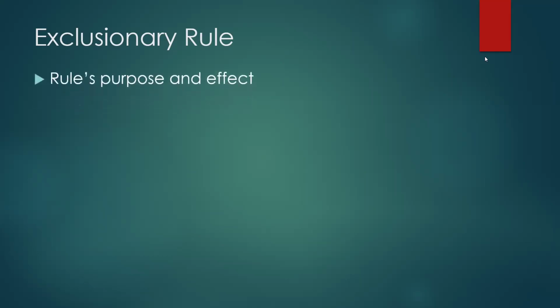The rule is that illegally obtained evidence cannot be used to establish the guilt of the person it was illegally obtained from. So I'll say that again in case you're writing it down. The exclusionary rule provides that illegally obtained evidence cannot be used to establish the guilt of the person it was illegally obtained from. That is the rule.